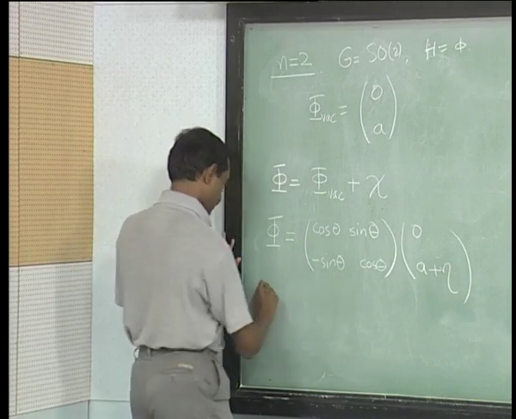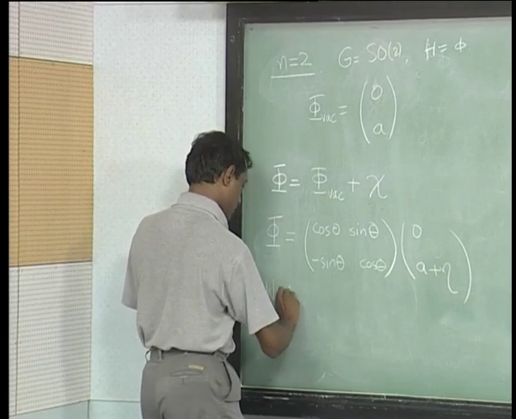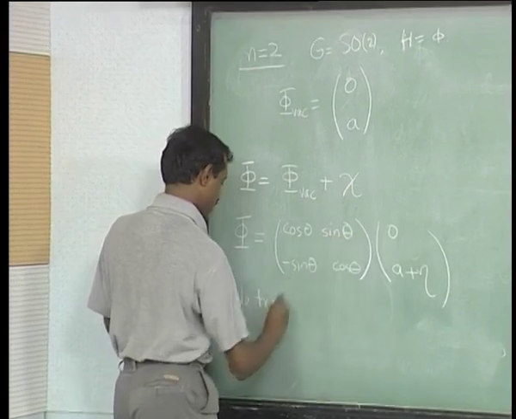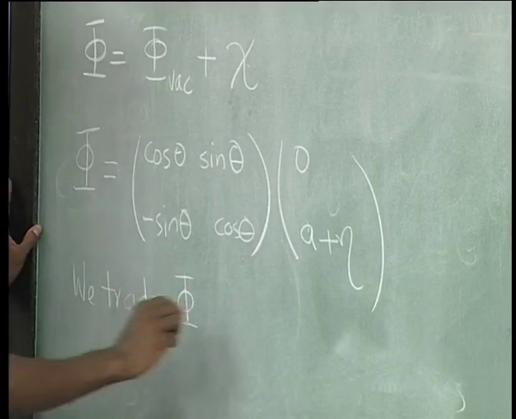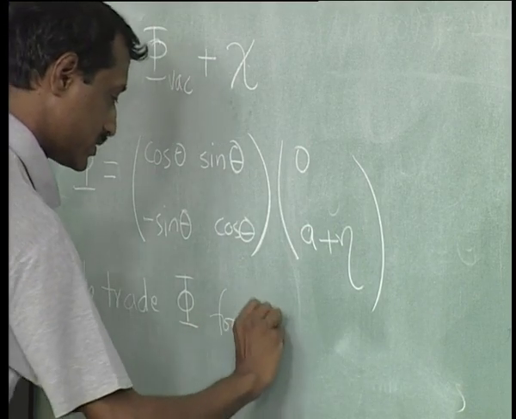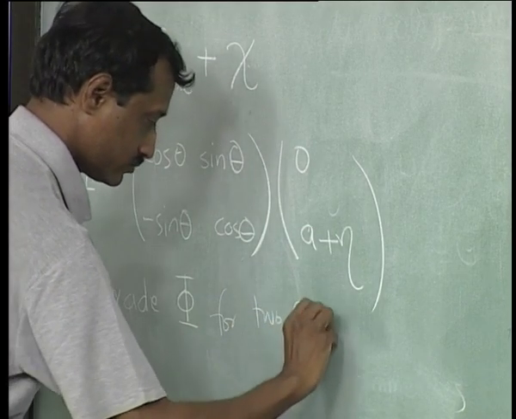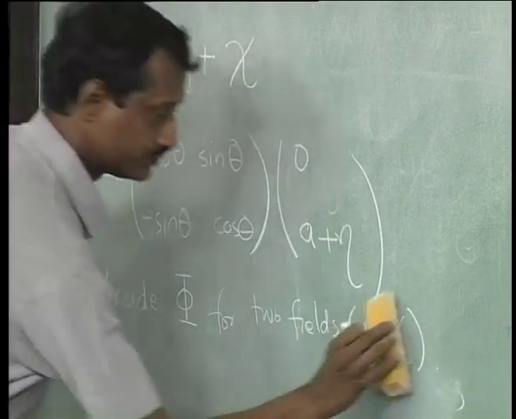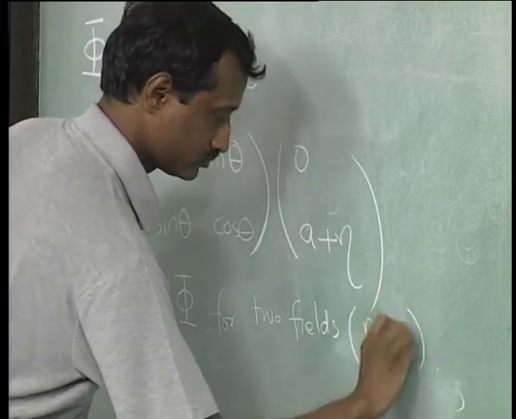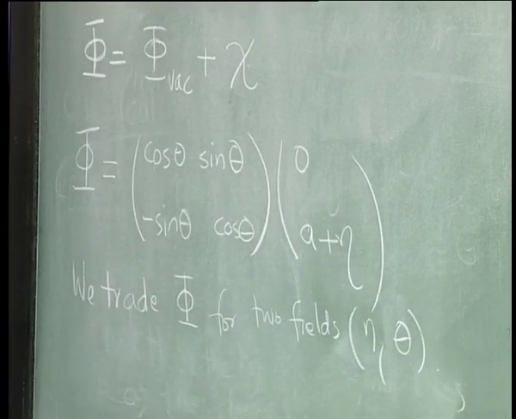Okay. So, this is the analog of chi here, we trade phi for two fields, eta and theta. And they are excitations about the vacuum.